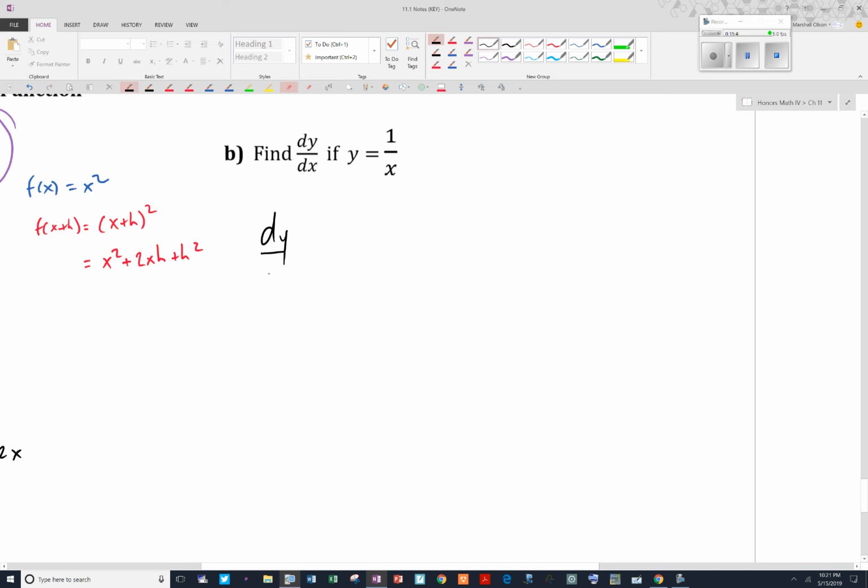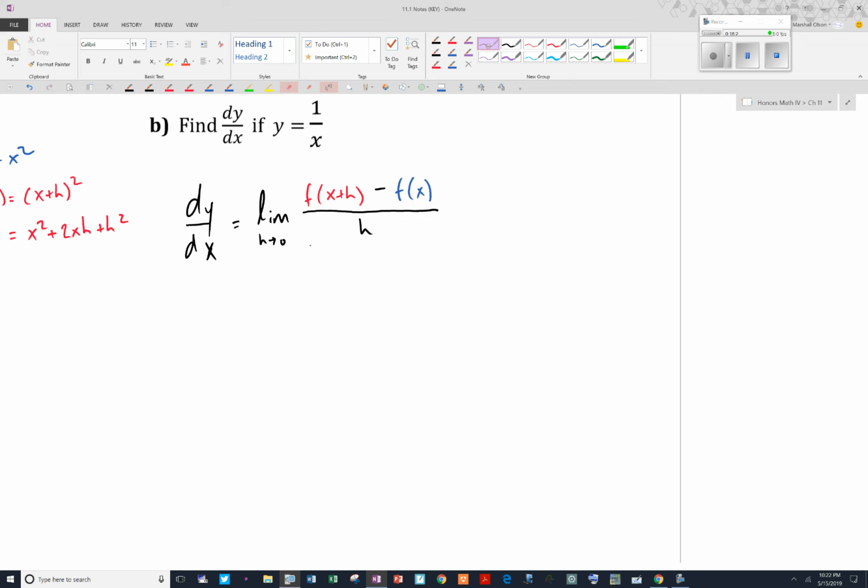The derivative of y with respect to x here is going to be equal to the limit as h approaches 0, using our limit definition of a derivative, of f of x plus h minus f of x, all over h.